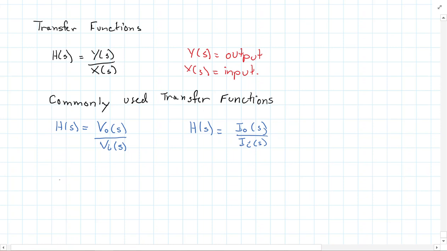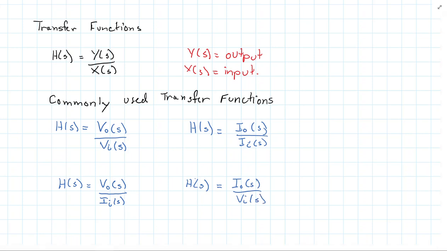The other ones you might see: we'll still look at the output voltage, but instead of the input voltage, we'll look at the input current. And another one you might look at would be an output current over an input voltage.